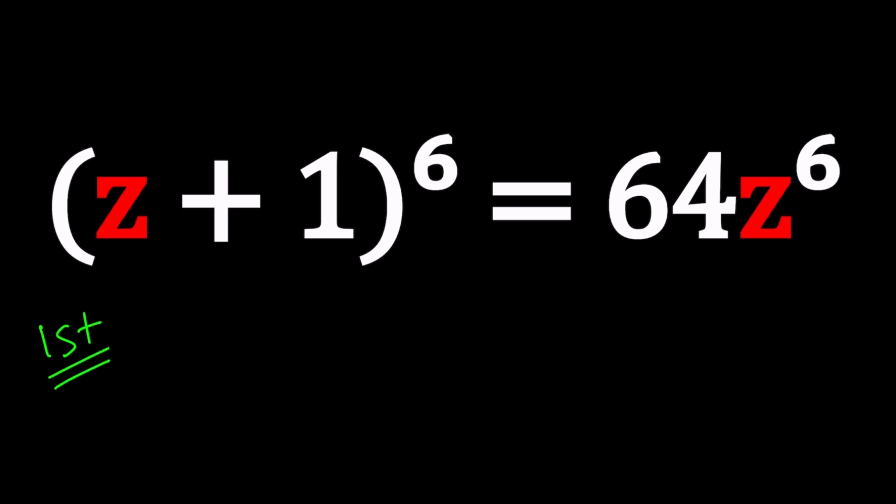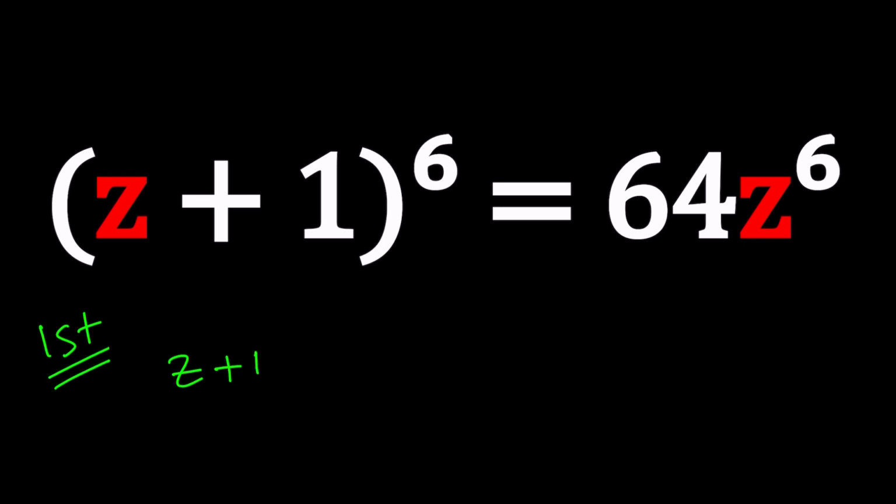For my first method, I want to turn this into a sum or a difference of squares or cubes. Since 6 is 2 times 3, we can actually do both. So let's start with (z + 1)^6. Why don't we just use the formula for difference of two squares?